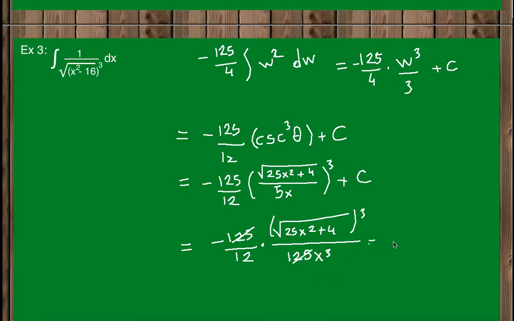So we can write it as negative 25x squared plus 4 cubed over 12x cubed. So this is our final answer. You can leave it here. And we should not forget the negative sign and plus c.